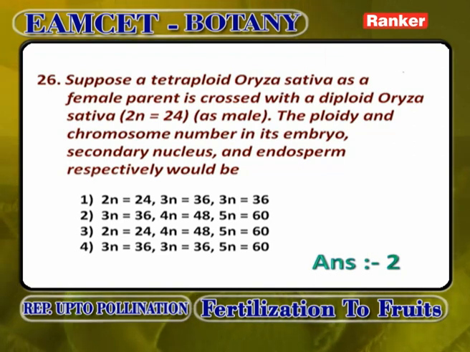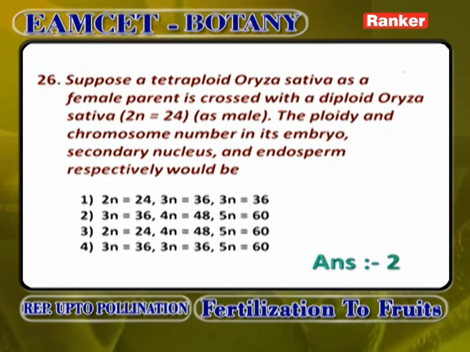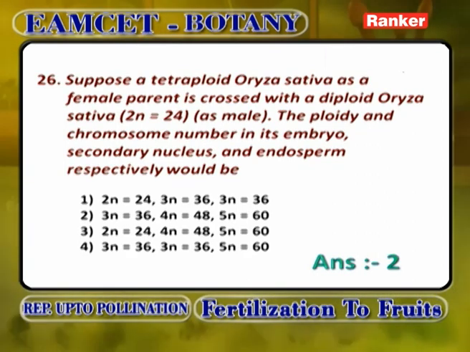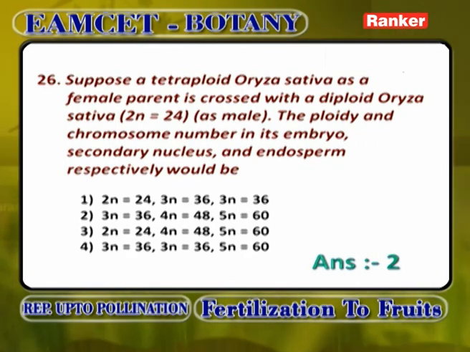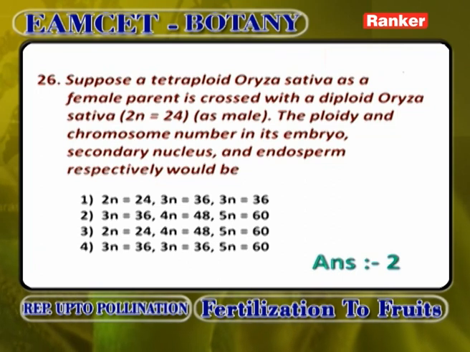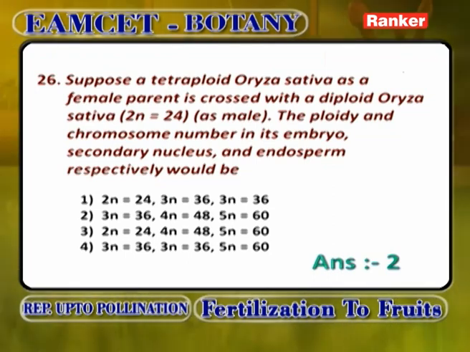Tetraploid Oryza crossed with diploid Oryza with 2n = 24. From 4n, 2n will come, from 2n, 1n will come, so 3n will be present in the embryo. Definitely it is 4n in the case of secondary nucleus because 2n and 2n will come. Then 5n is the endosperm. So 3n = 36, 4n = 48, 5n = 60 will be the answer for this question.